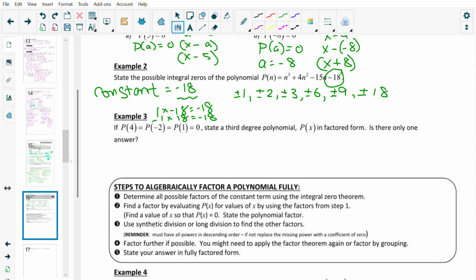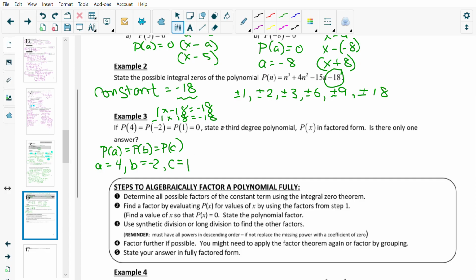Example 3. If p of 4 equals p of negative 2 equals p of 1 equals 0, state a third degree polynomial p of x in factored form. Is there only one answer? Well, let's see. So we're saying p of a equals p of b equals p of c. a equals 4, b equals negative 2, c equals 1.